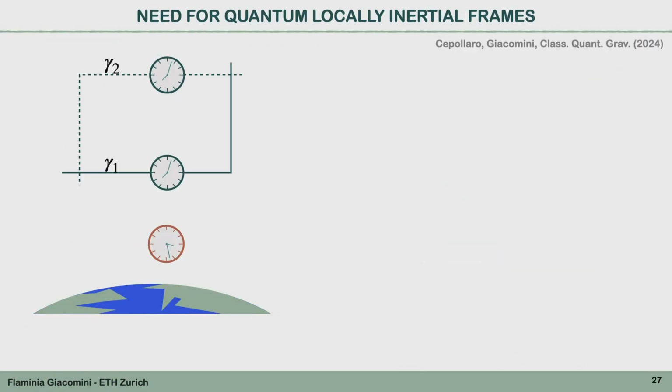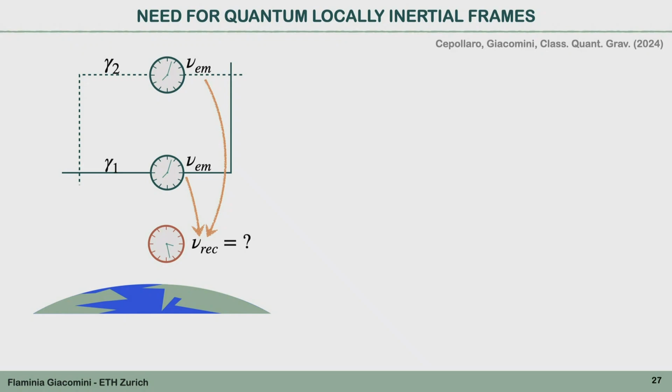OK, so now let us consider the situation in which we have a clock in a quantum superposition of positions in the gravitational field of the Earth, and another clock in the laboratory frame of the Earth. So now we want to do the same experiment we did before.